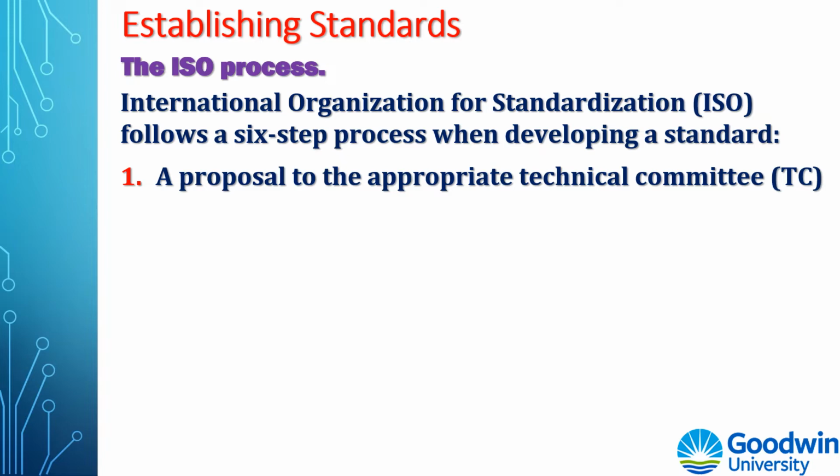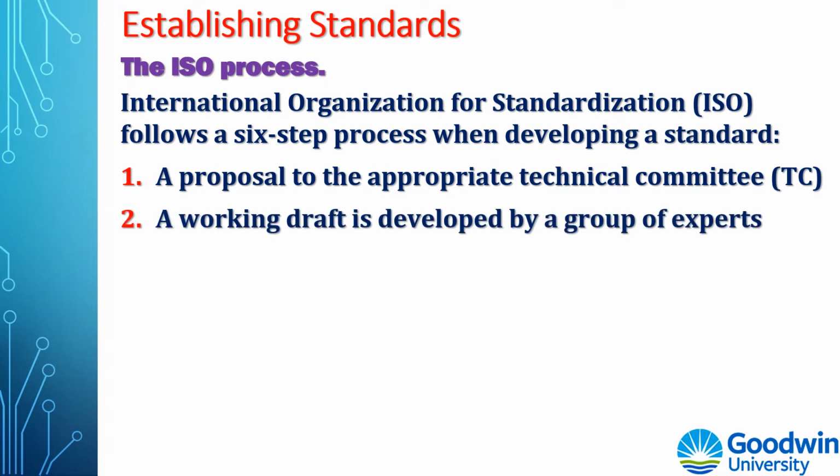And you have to know about the right one, but if you're involved in this, you would. And you make a proposal to them. And then a working draft is generated that comes from this. So this is developed by a group of experts that's part of the assignment from the technical committee.